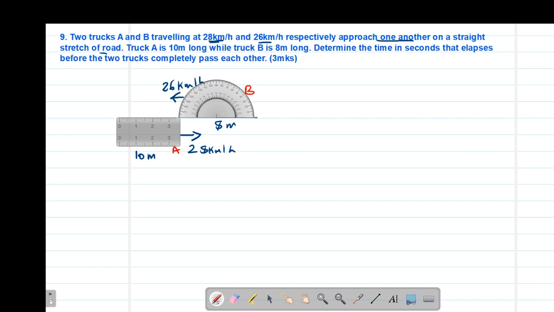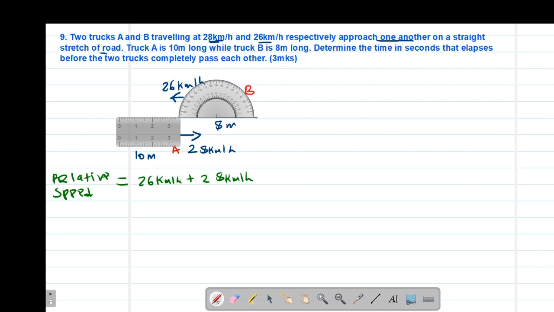To find the overtaking time, we need the relative speed and the relative distance. If bodies are moving in opposite directions, we usually add the two speeds. So this will be 26 plus 28 kilometers per hour.